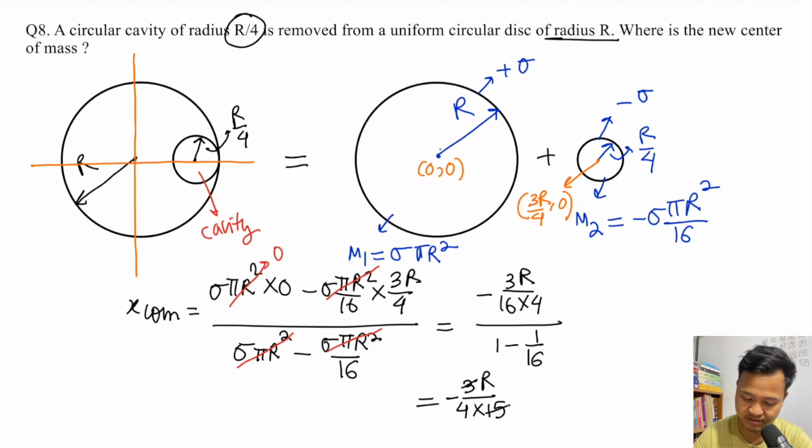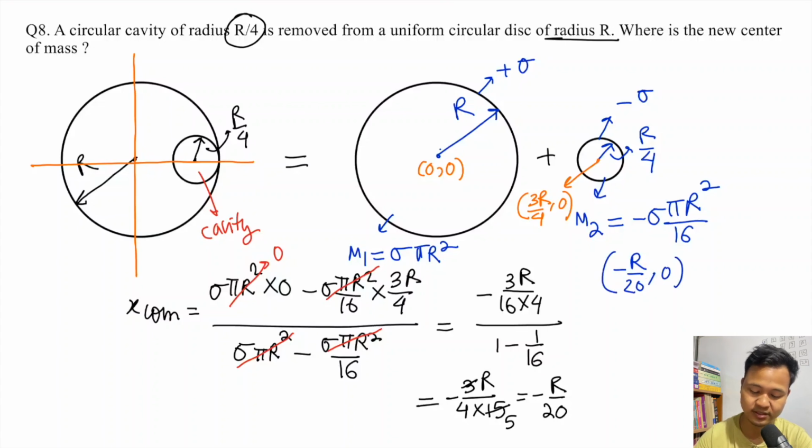So that means minus r by 20. Therefore center of mass is at minus r by 20, 0. Okay. So somewhere on the negative side.